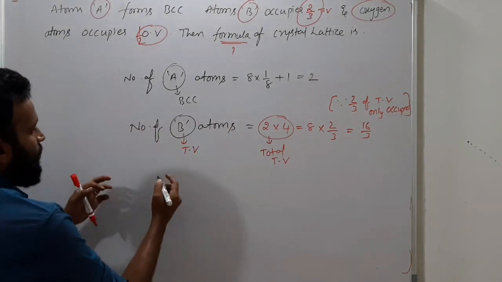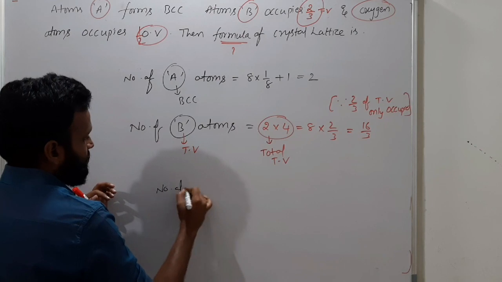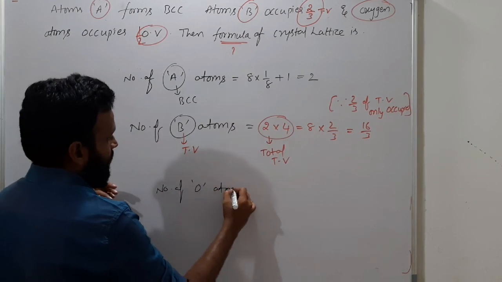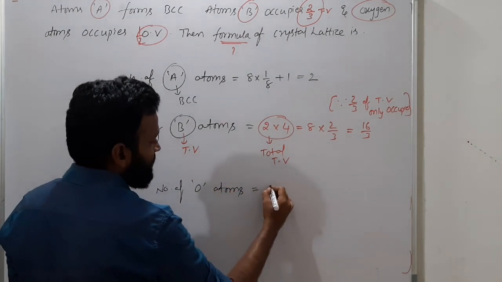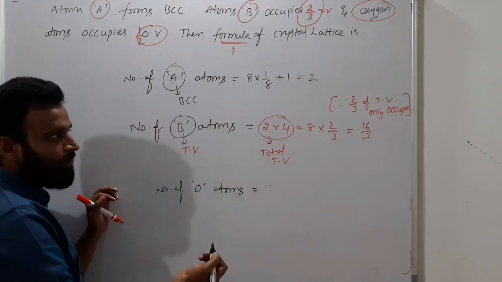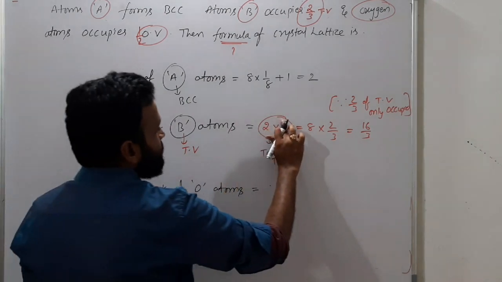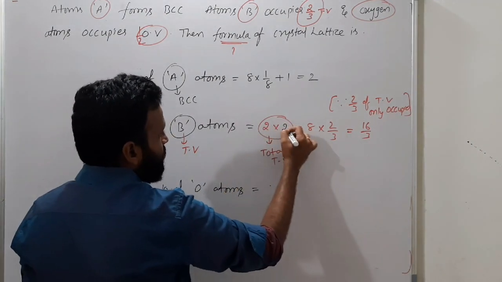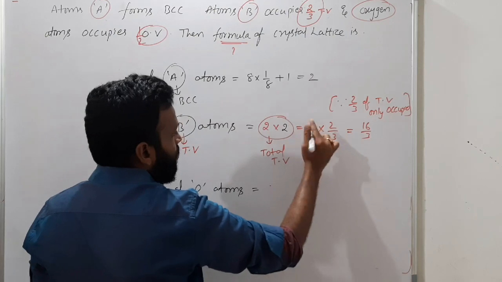Now, what is the number of oxygen atoms? Earlier I was considering FCC, but it's BCC now, so the number of atoms of A is 2, and the number of octahedral voids is 2 into 2, that is 4 actually.